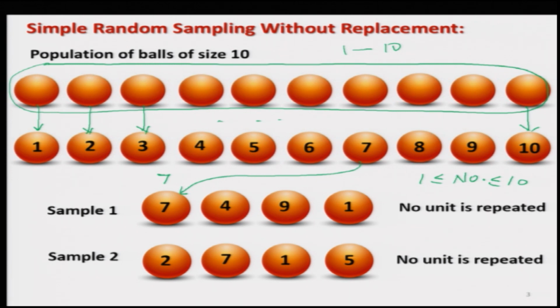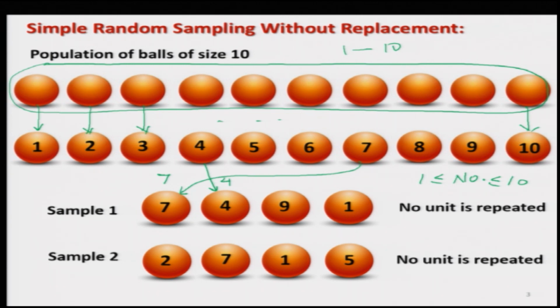Then I choose another number. For example, I can use the random number table and draw a second random number, and suppose this random number comes out to be 4. So, now I choose the ball numbered 4, and this is now a part of my sample.